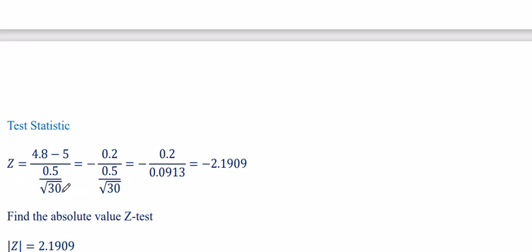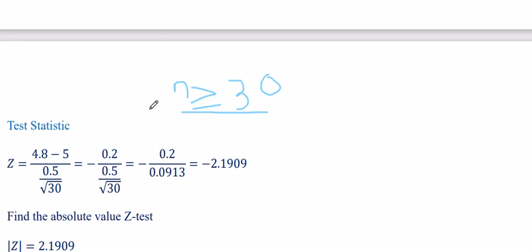Since our sample size is greater than or equal to 30, in statistics we believe that the population is large, and in that case the test we are going to use is z-test.